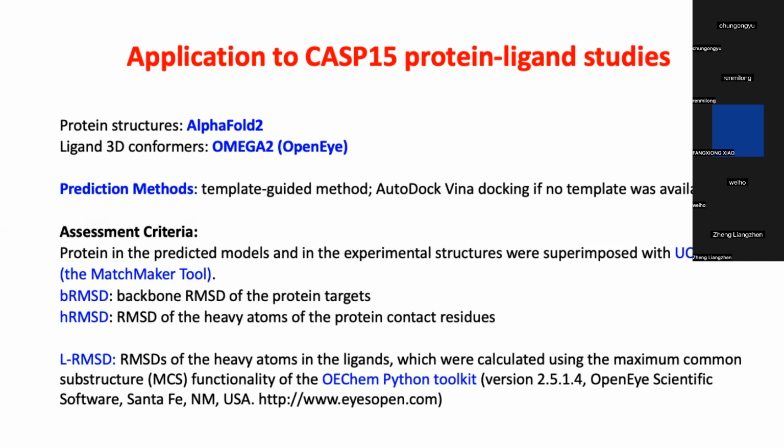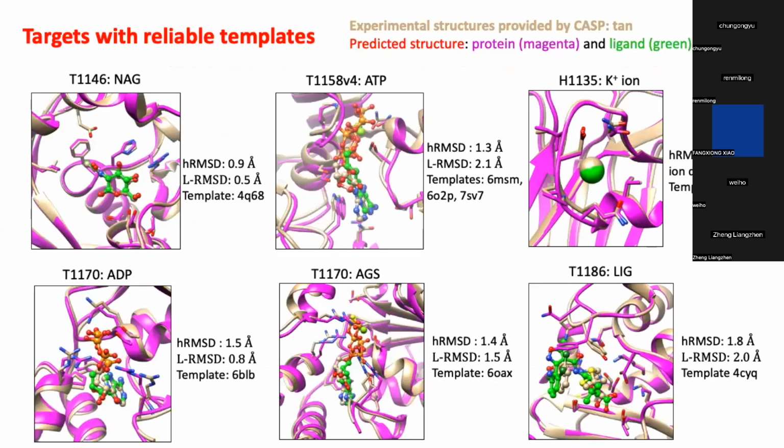And again, just as I think Pat and Dima mentioned, it's not easy. So we use OpenEye's OEChem Python toolkit to do the superimposition, because the superimposition relies on the names of individual ligand atoms. So I will summarize the results using different classifications.